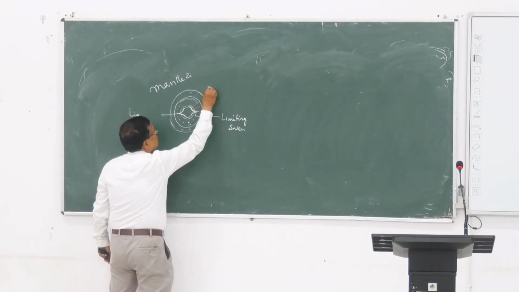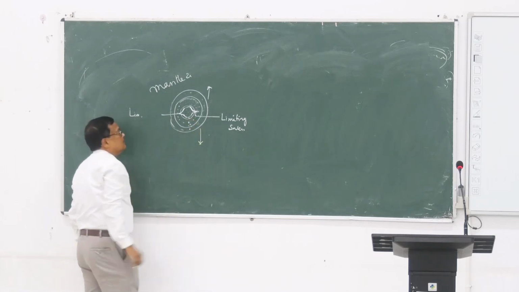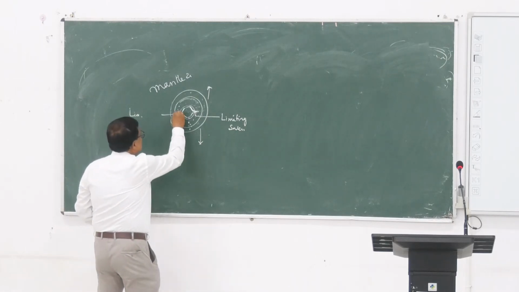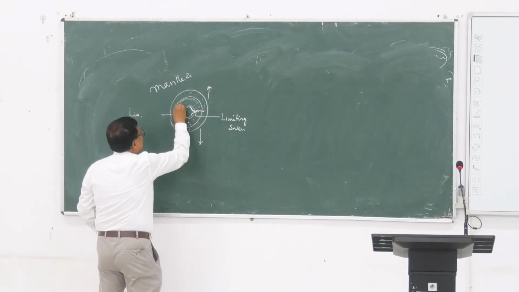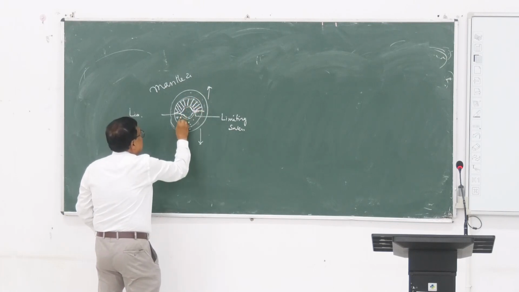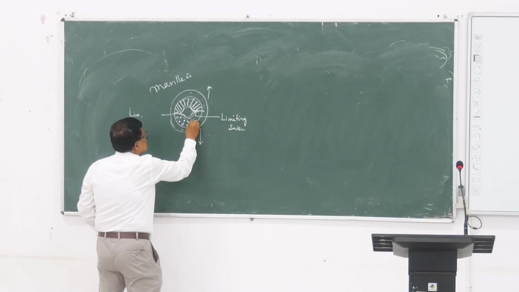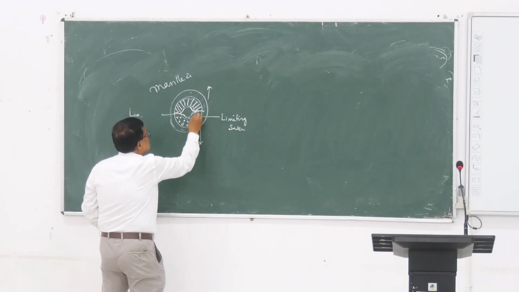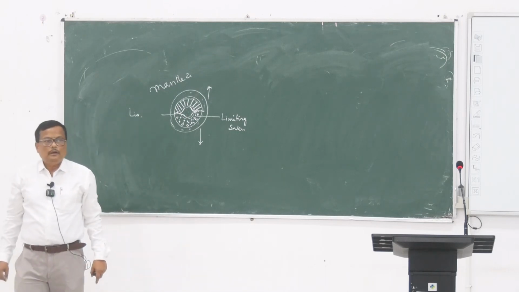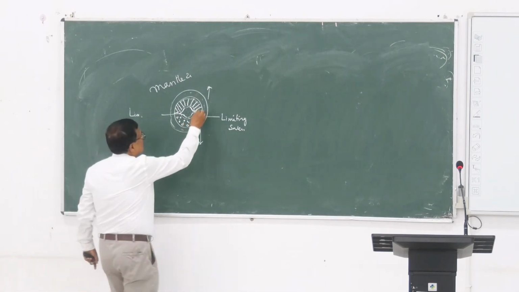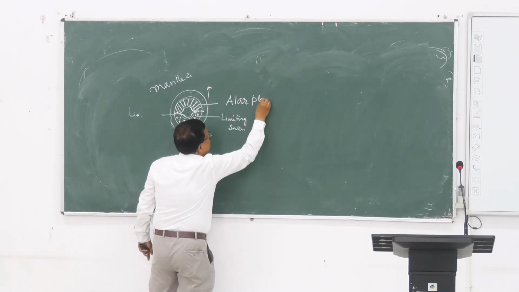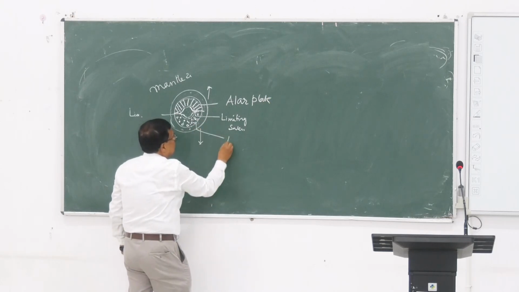One is dorsal or posterior, one is ventral or anterior. এই dorsal plate হচ্ছে এতটা, আর ventral plate হচ্ছে এতটা, which is divided by this limiting sulcus. And this dorsal plate we call alar plate. Dorsal plate বলবো না, এবং এটাকে বলবো আমরা basal plate.